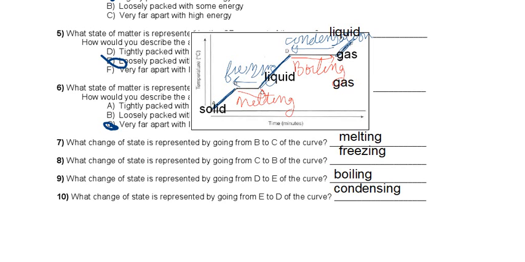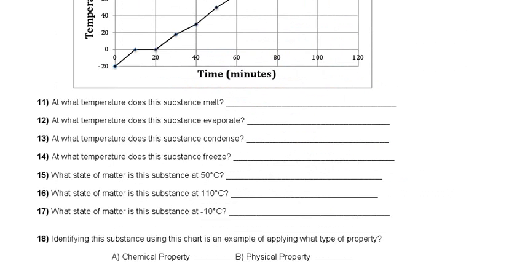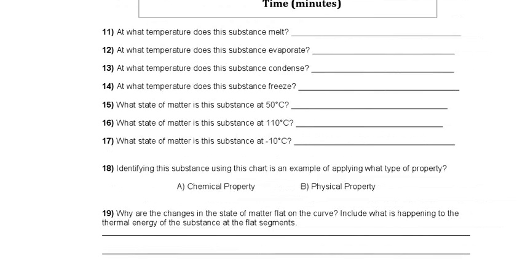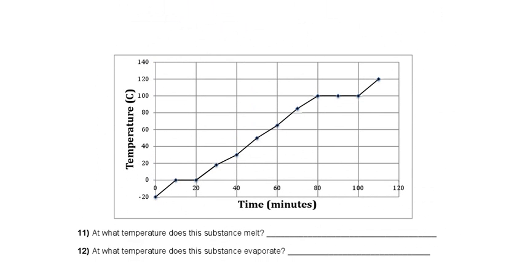So we're going to flip it over, we're going to go to the back, and we're going to mark this graph up. I'm going to zoom in a little bit. We're going to do the same thing. We're going to mark up our graph with things that we know. Again, remember, the slanted lines are our states of matter. So we have our solid, our liquid, and then we have our gas.